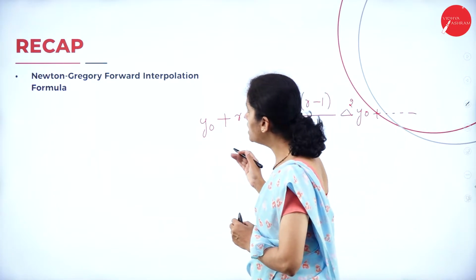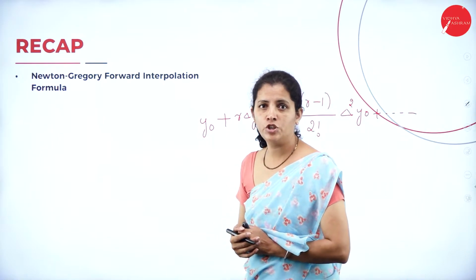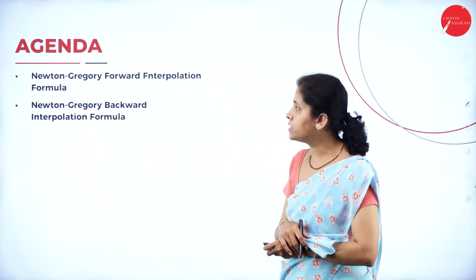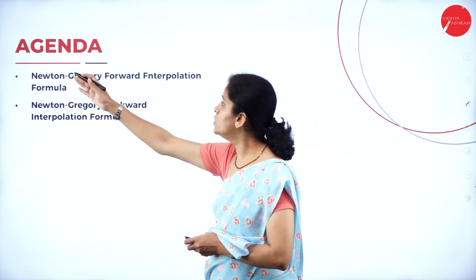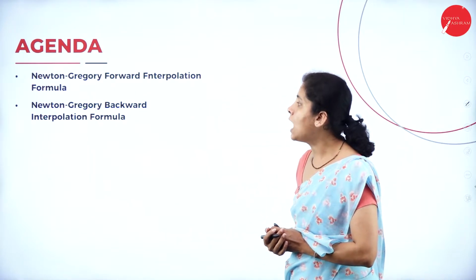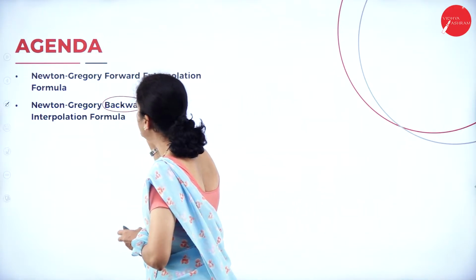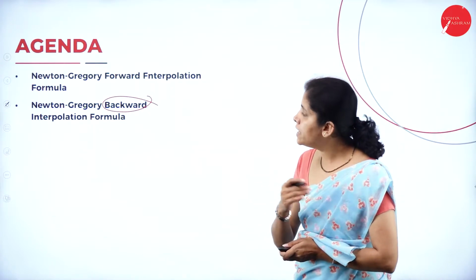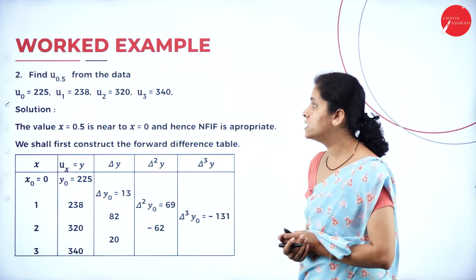Okay, this is the formula used to find forward interpolation. But in today's session, I'm going to deal once again with some example problems under the Newton-Gregory forward interpolation formula, as well as the backward interpolation formula. So dear student, let me start my session with the example.